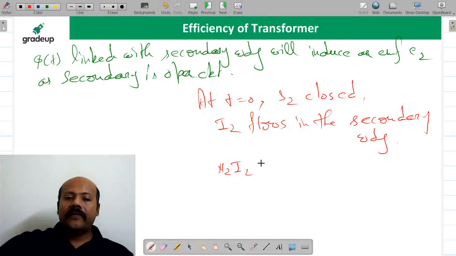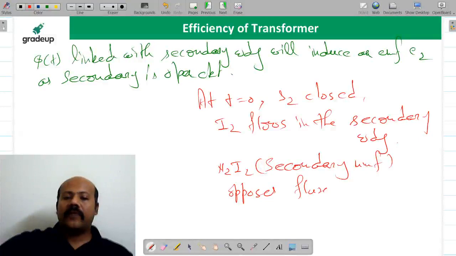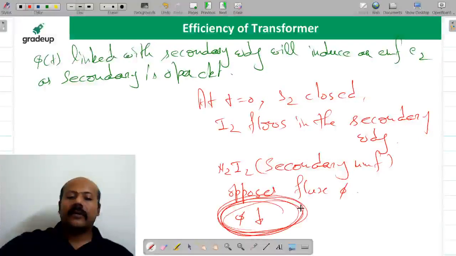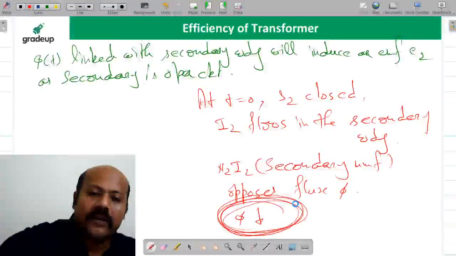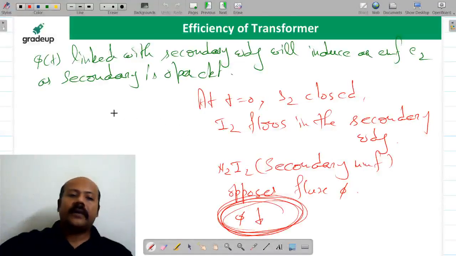Now the MMF, that is the secondary MMF, opposes flux phi 1. So phi should reduce. But let me tell you a very important point, and I am writing it here.